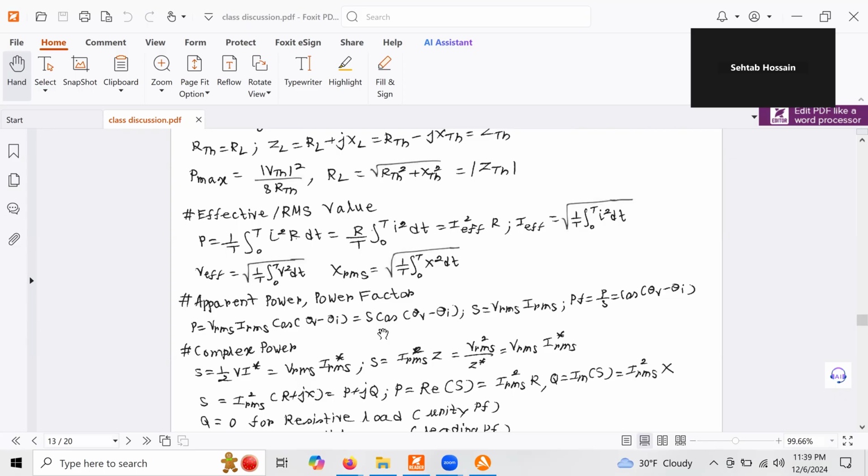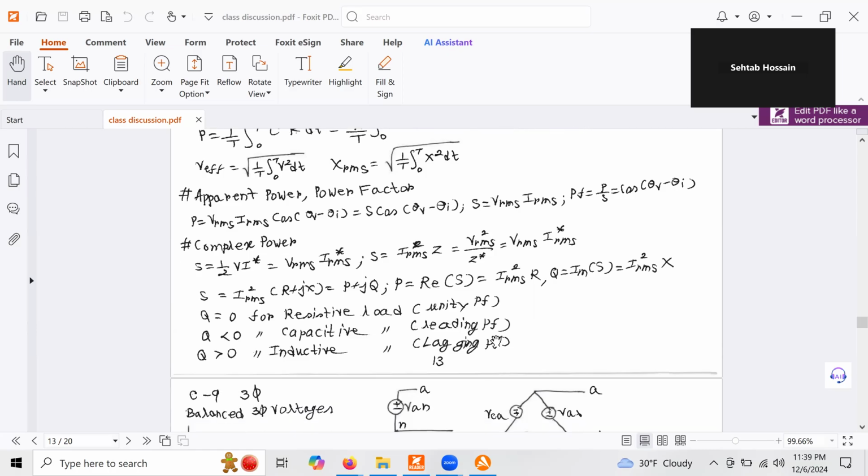This S is the apparent power, the total power. And this is the power factor, P over S, which is cos(theta V minus theta I). So this is the power factor.